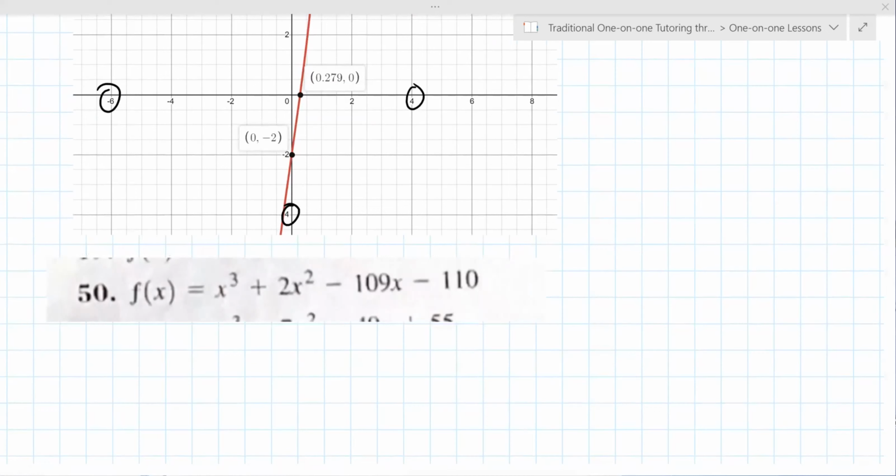Let's graph it here. y equals x cubed plus 2x squared minus 109x minus 110. Yes, they're actually all nice. Let me get a window here: negative 100, 200, wow, 500. Let's get them in this snip so you can see it.